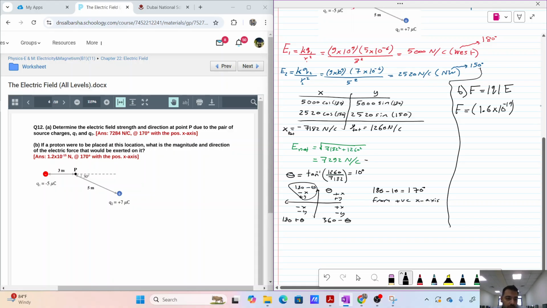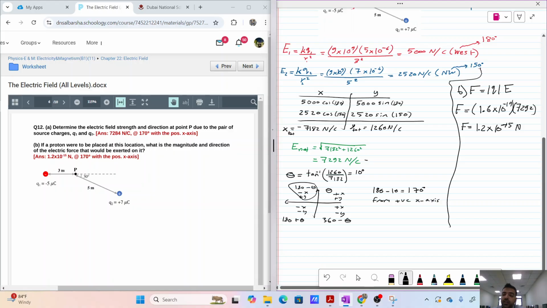And we multiply it by the electric field, which is given as 7,292, which will give us that the force is approximately 1.15. I'll round it up to 1.2 times 10 to the power minus 15 newtons.